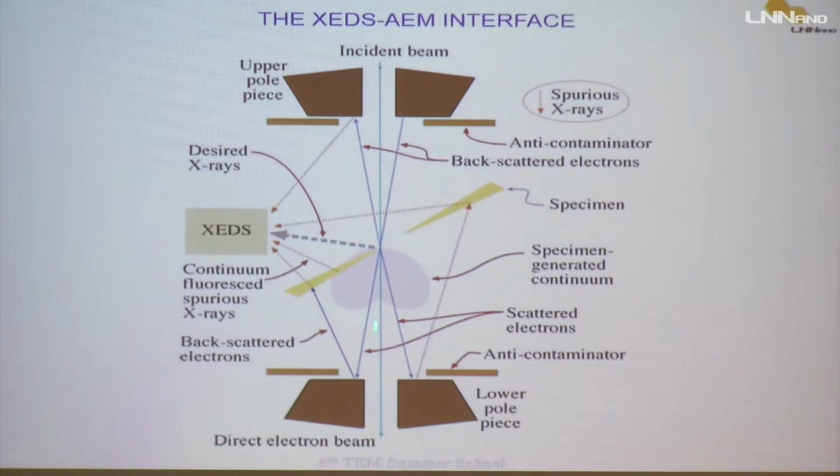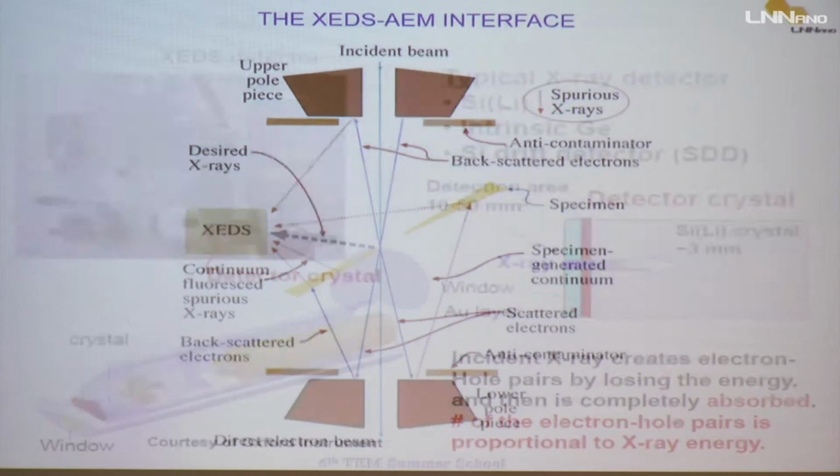The incident beam is coming along the optical axis. You have your specimen, you have your pole piece, and here is shown the continuum that is generated, the bremsstrahlung photons, and all the characteristic photons are generated spherically in all these directions, but you just collect a very small piece inside your microscope.